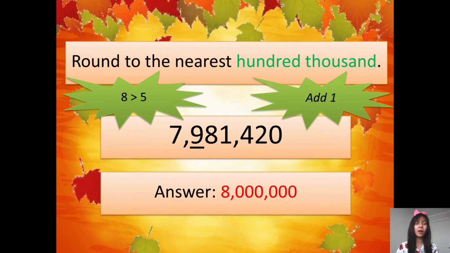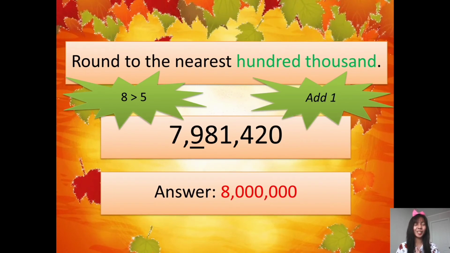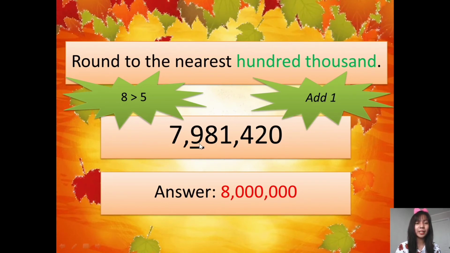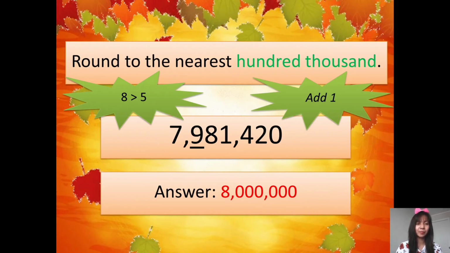Okay, so why is our answer now 8 million? Okay, because the number here is 9, right? So when we add 1 to 9, it will become 10, right? So 0, and then you have to carry it over to 7.